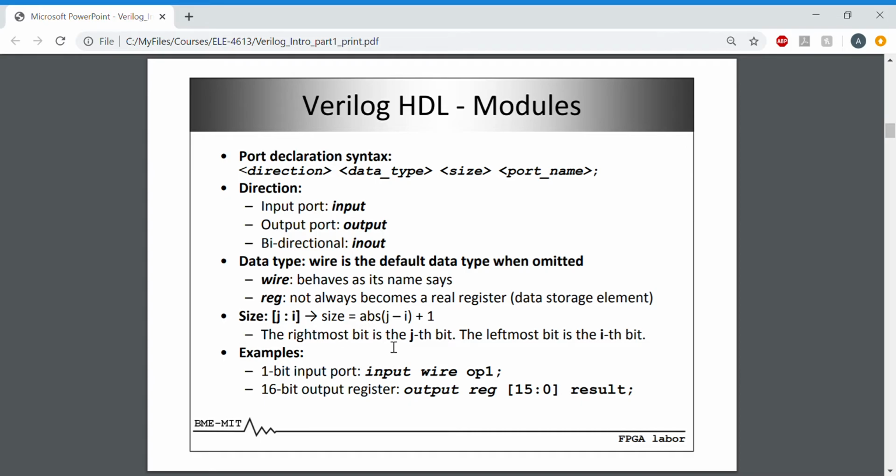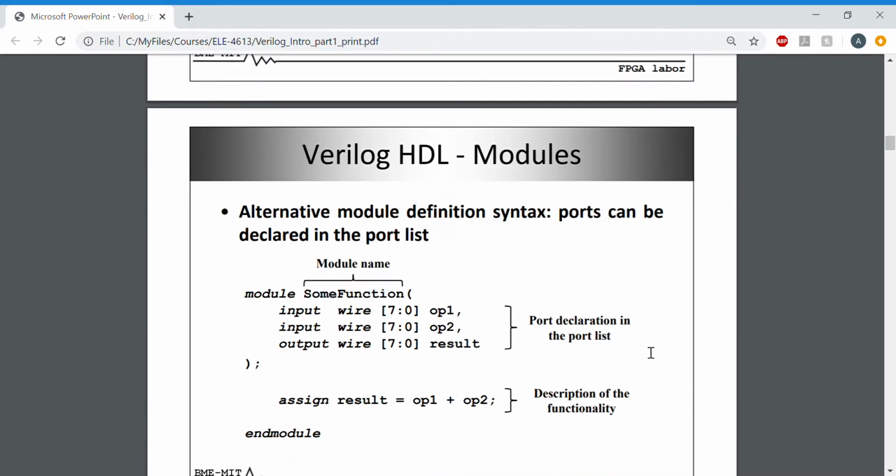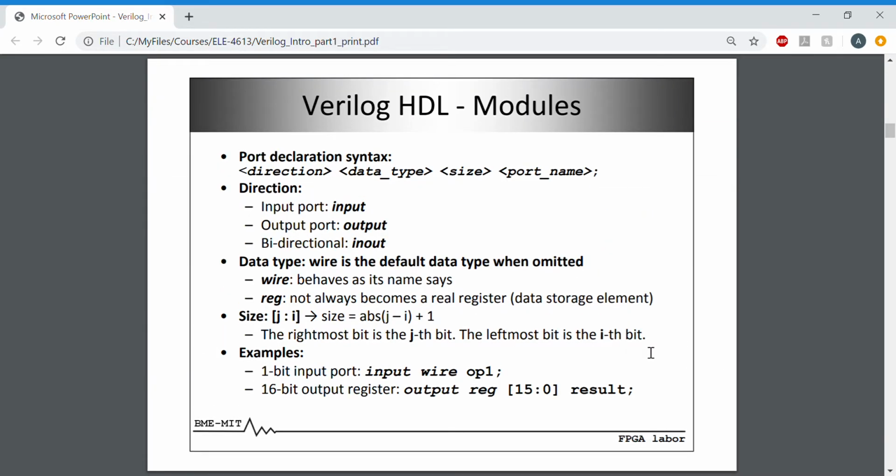So the rightmost bit is the Ith bit, the leftmost bit is the Jth bit. Depending on how you visualize your register, but if we see the slide, J is on the left and I is on the right, so don't be confused about that.